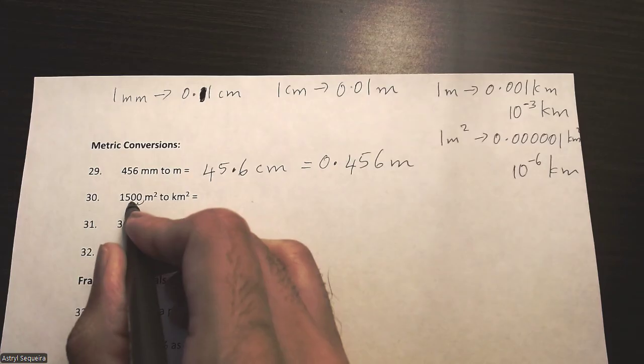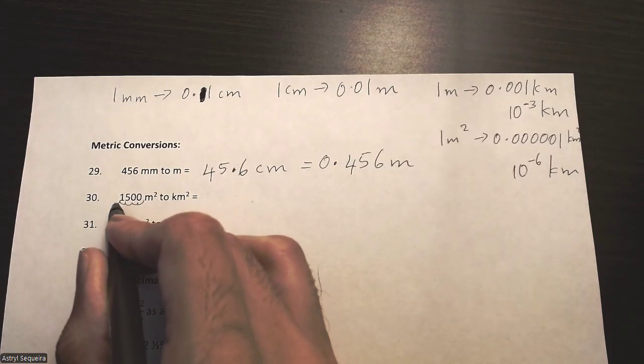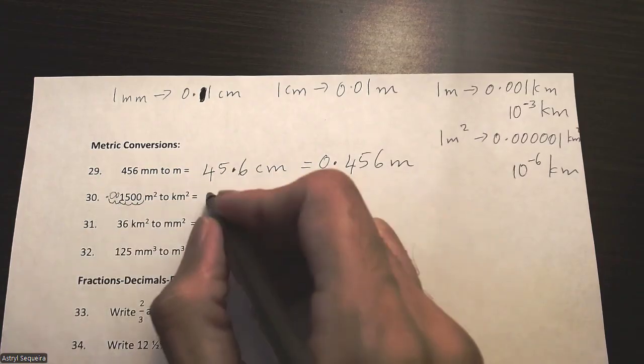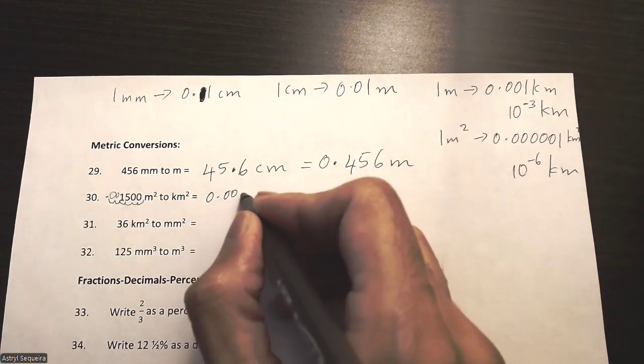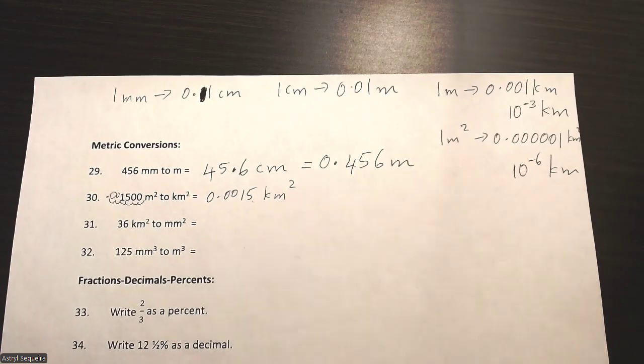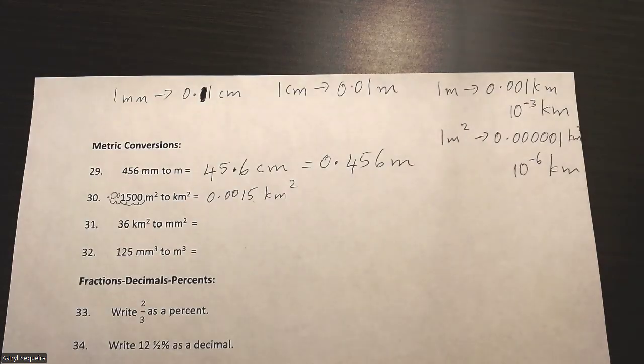There are going to be 2 zeros here and a decimal point. So 0.0015 km squared. Maybe I'll show both the decimal version and scientific notation, because some of the solutions are given in scientific notation.